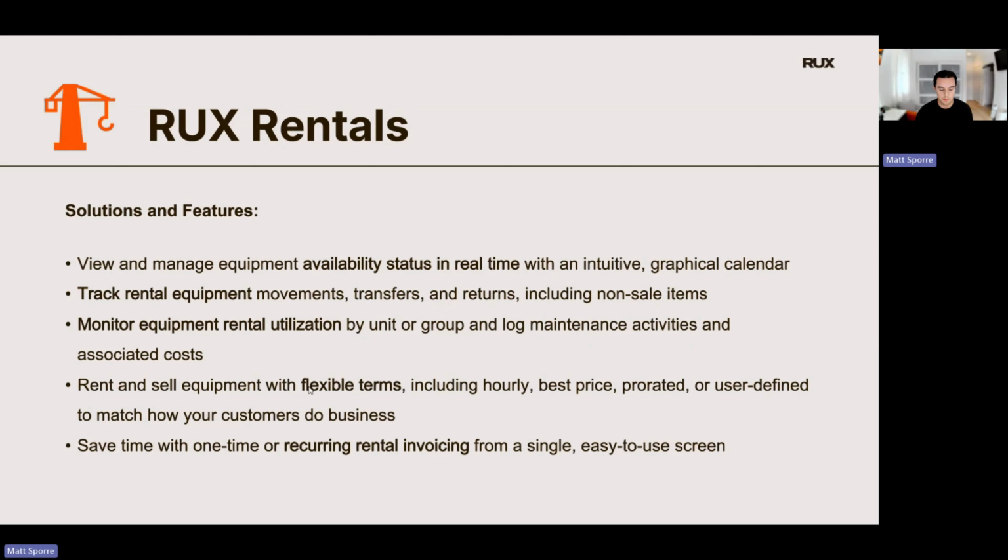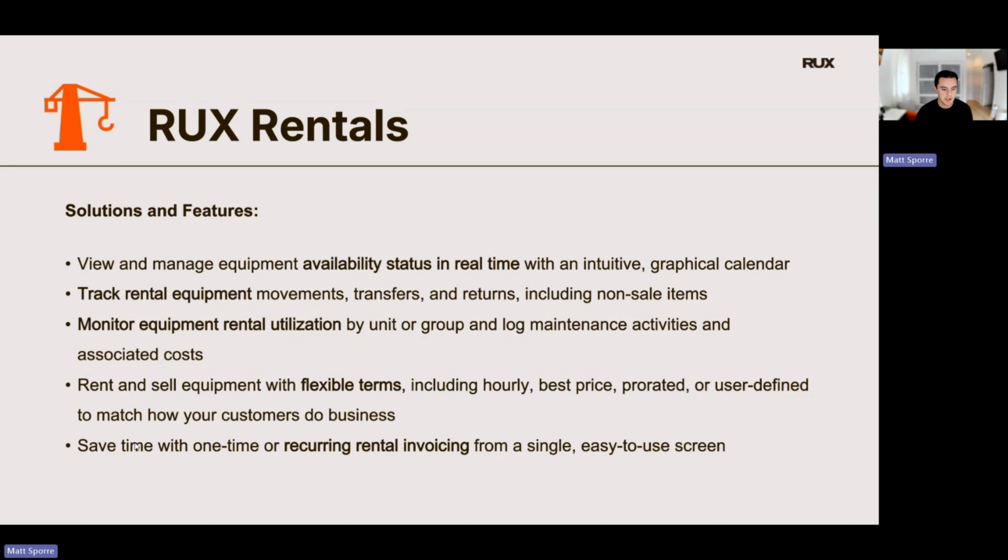We can rent and sell equipment with flexible terms. Again, we'll be going over what those terms are and how we set those up today. Just some quick examples would be hourly, best price, prorated, or user-defined. Really anything that you need to match how you do business and what your customers need to be invoiced on, we can handle it there.